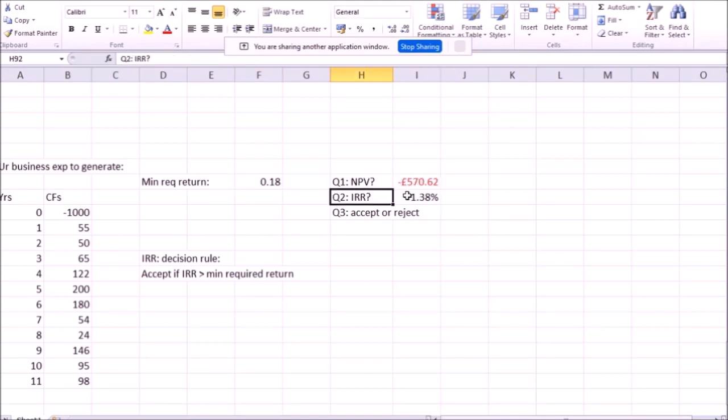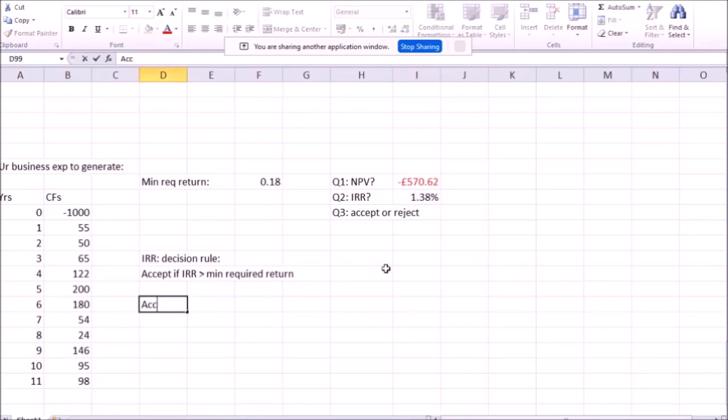But for IRR, we set NPV to 0 and then compare the resulting percent with the required return. If it's smaller, then reject. If it's bigger, then accept. If it's equal, then NPV is going to show us 0, so we're not making any money with this project. We're not losing any money, but we're not making any money, so we don't accept either.